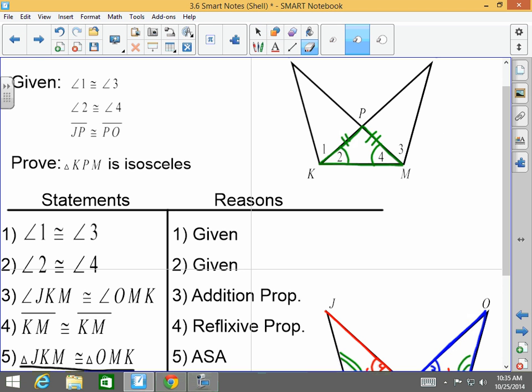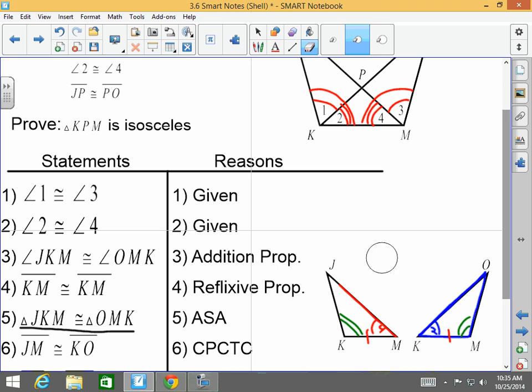So one more time, okay? I don't want to bore you, but I want to make sure you got this. Angle 1 is congruent to angle 3. Angle 2 is congruent to angle 4. Angle JKM is congruent to angle OMK. Then we know also, and that's because of the addition property, that KM is congruent to itself, so KM is congruent to KM.